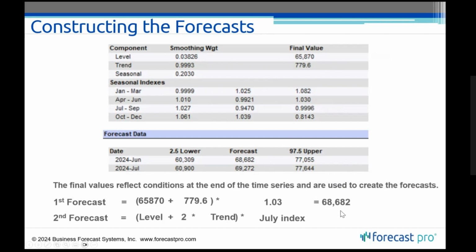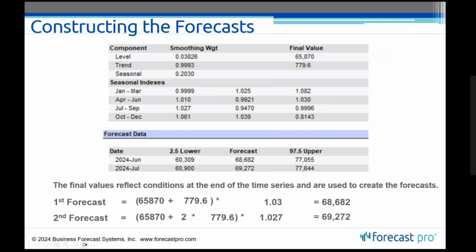Similarly, for July, I can do the same thing, put in the level, 65,870. I'm going out 2 months, so I'm going to need two trends. So I'll put that in there. And I'm forecasting July, so I'll need to use July's index, which is 1.027. I do that arithmetic, and I get my second forecast.